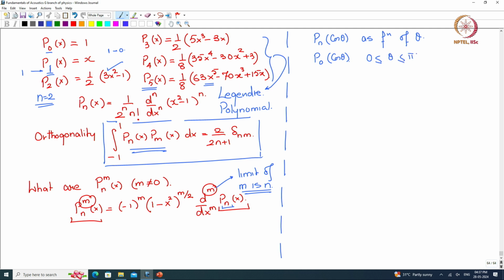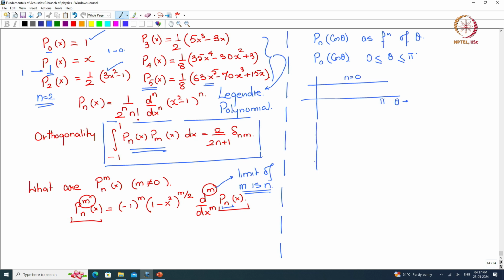Okay, so this fellow is a constant. How does he look? He looks like a constant value 1, for theta from 0 to pi. Okay, this is n equal to 0.